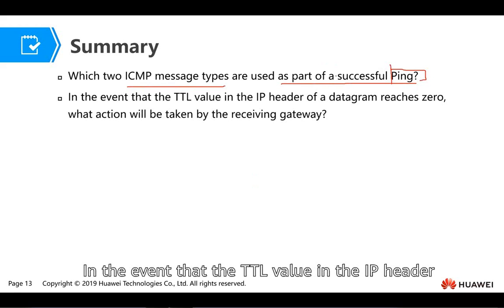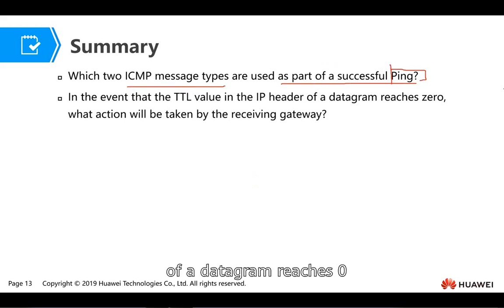Okay, in the event that the TTL value in the IP header of the datagram reaches 0, what happened? Of course, each router, when receiving a packet and forwarding it, will reduce the TTL value.